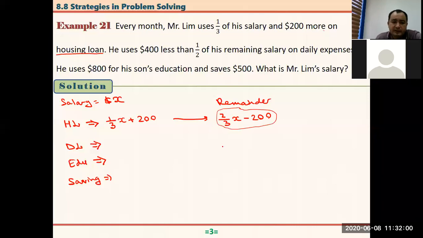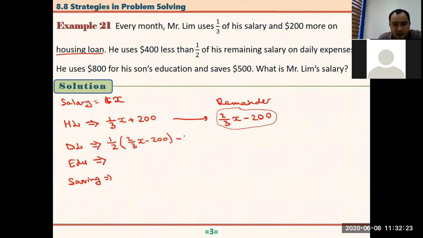All right. Next one is he uses 400 less than 1/2 of his remaining salary on daily expenses. So 1/2 of his remaining salary, that is 1/2 of (2/3 x minus 200), and 400 less than this.